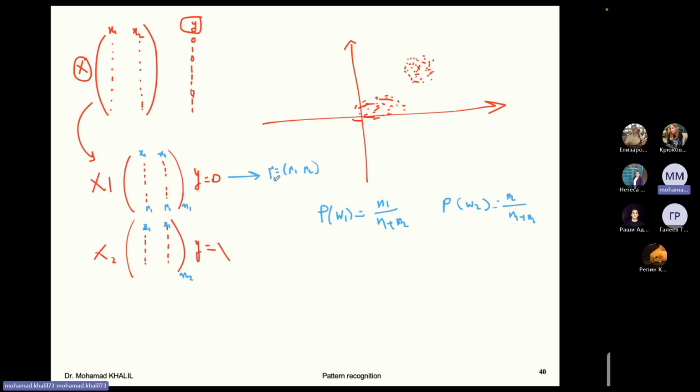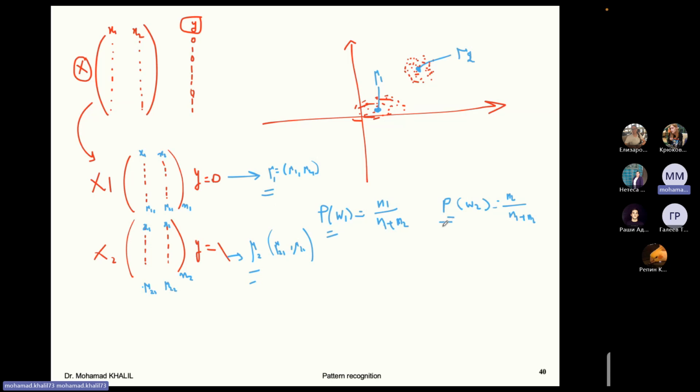So mu1 is (mu11, mu21), and mu2 is (mu12, mu22). That means you have the mean here and the mean here. Great. I have mu1, I have mu2, I have omega 1, I have omega 2.